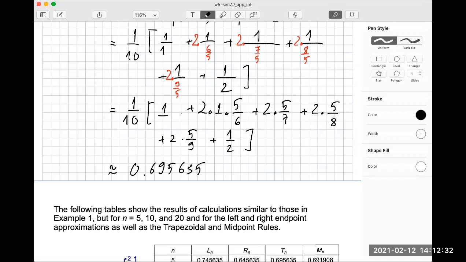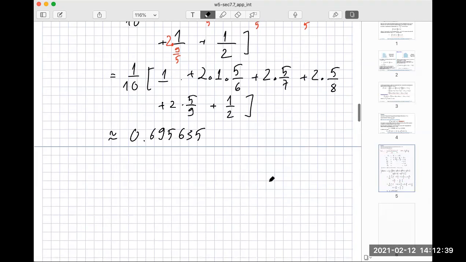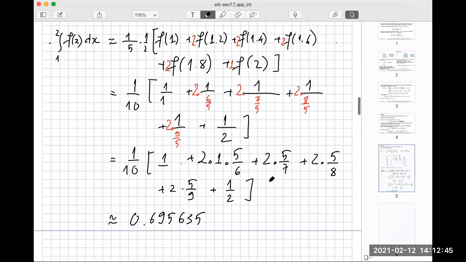Okay. That is the trapezoidal rule. Okay.